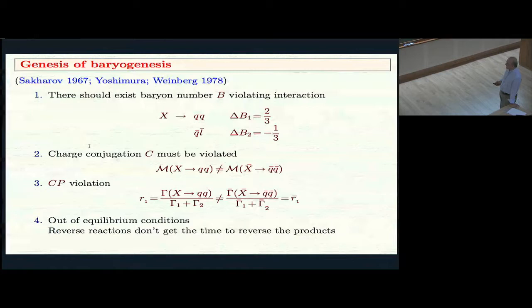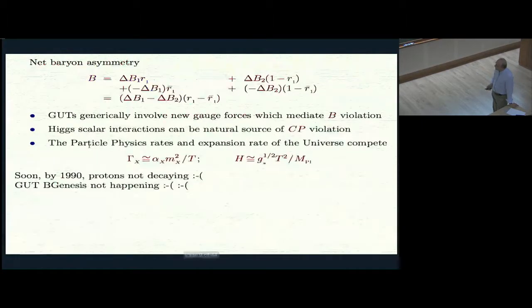But much more importantly, even if all these are satisfied, even if the rates are unequal and charge conjugation is violated, in thermal equilibrium you would have chemical equilibrium and there would be no asymmetry at all. So there have to be some out of equilibrium conditions so that reverse reactions don't equilibrate the products.